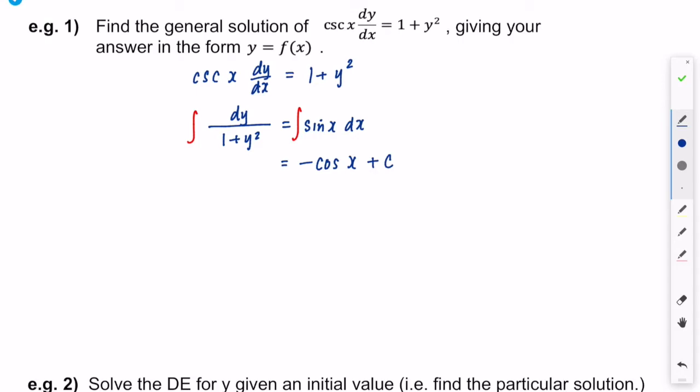So you may recognize that this is actually the integral of the function arc tangent, but of y, of course, okay? So y is equal to the tangent of the right side, right? To get rid of arctan, you take tangent. So y equals tan of c minus cos x. All right.